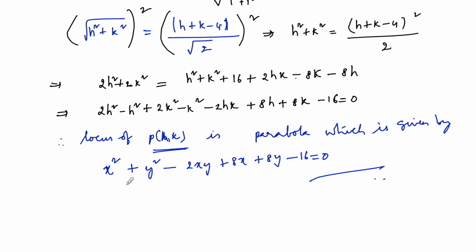So we can write the equation x squared plus y squared minus 2xy plus 8x plus 8y minus 16 equals 0 is the equation of the parabola.